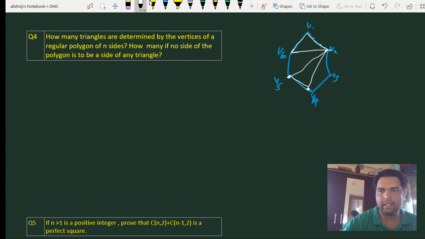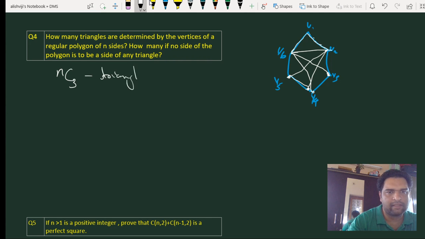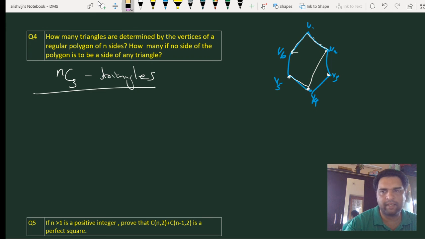So any selection of three distinct vertices from the n vertices gives a triangle. So there can be nC3 triangles. That's the number of triangles possible in a regular polygon with n vertices.